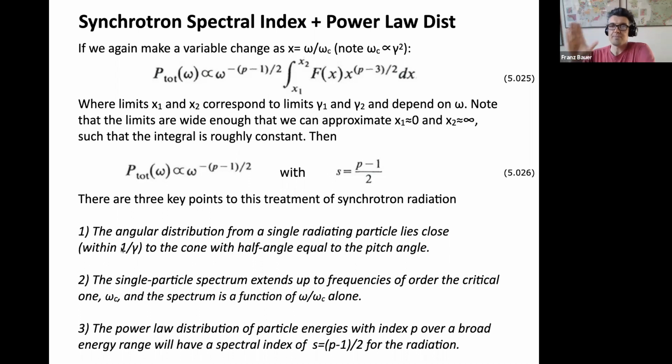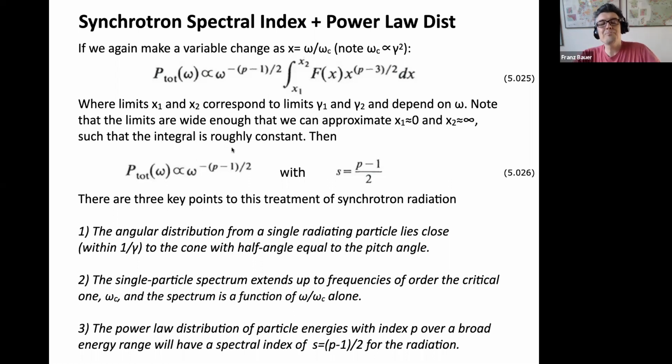So it's a cone on the sky, and it will be radiating, right, and have this time dependence, which we haven't addressed yet. The single particle spectrum here extends up to some frequency and then has a cutoff. Then the power law distribution of an ensemble of particles will have some spectral form which looks like this.